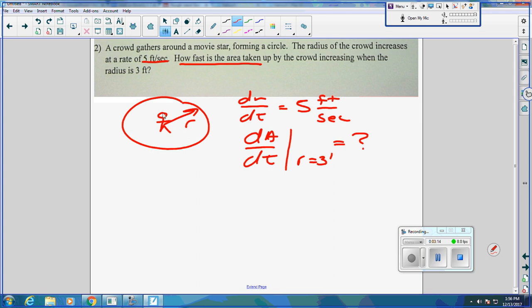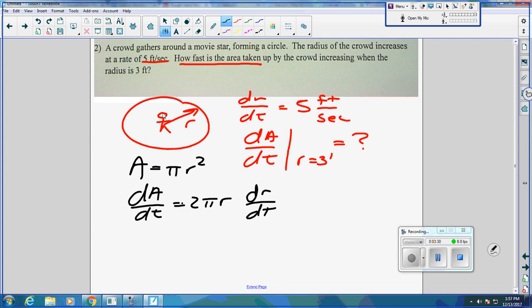Guys, this is, again, what I would call a slam dunk related rate because it is simply A equals pi r squared. It only has 2 variables. You already know dR/dt. You're looking for dA/dt. We differentiate, and again, implicit differentiation divided by dt.